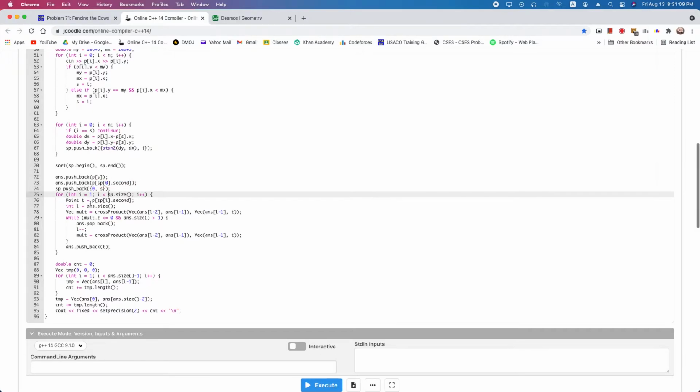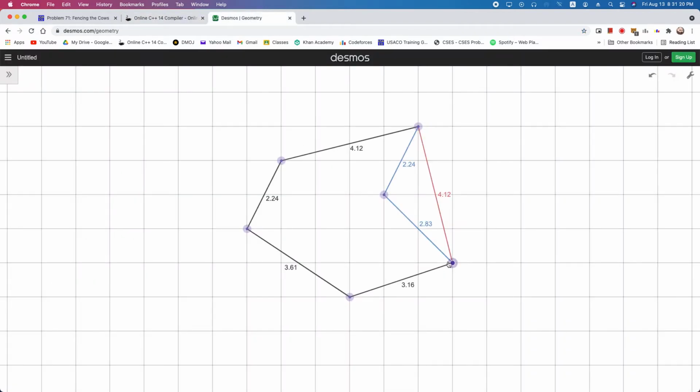Every time we do this, we compare what happens if we connect the previous point with this current point. We do this to check for cases like this, where, for example, these two points are currently in the vector list, and we're looking at this point now.